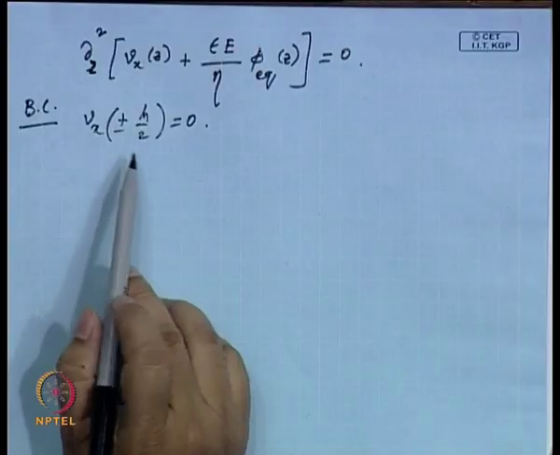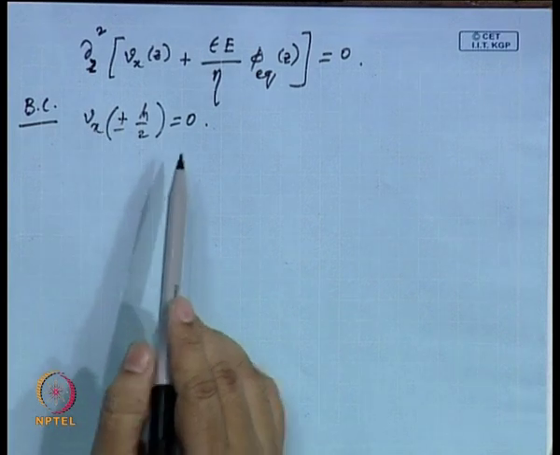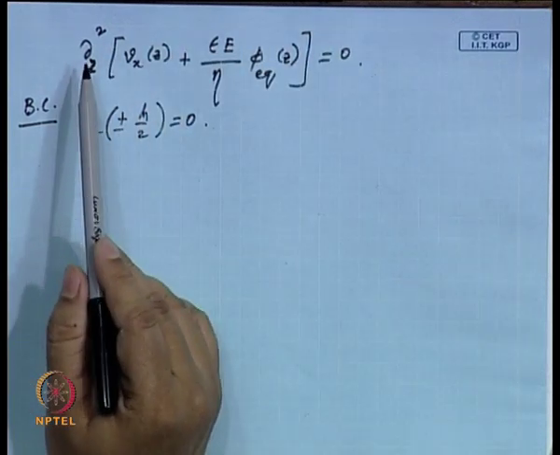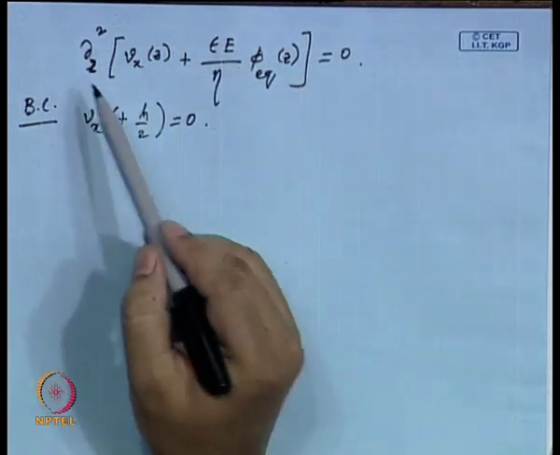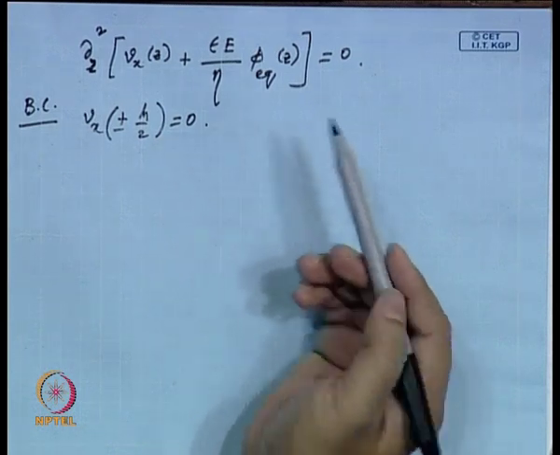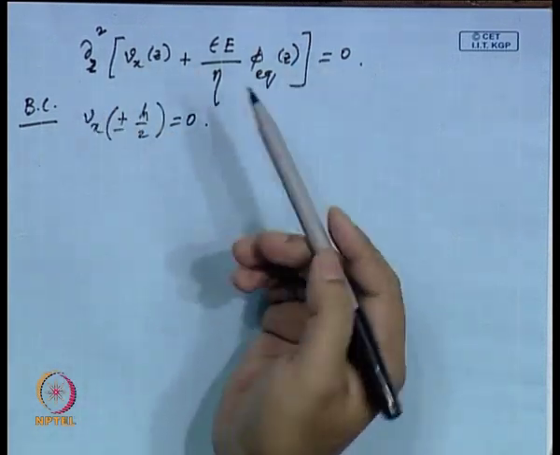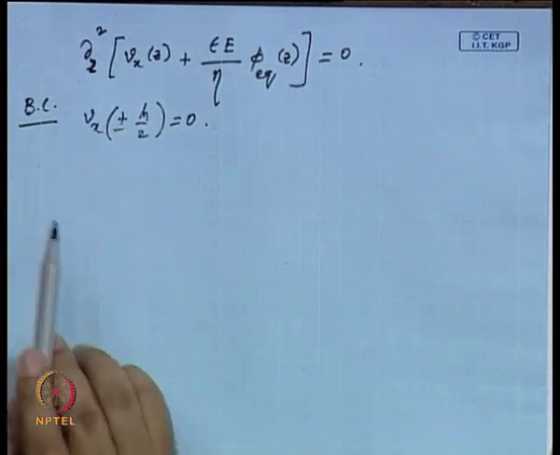So, at the wall V x is equal to 0, this is the boundary condition you have, and this is the governing equation you have. Of course, there would be some symmetry at the center, that is always there. If you need to, you can use that as a boundary condition as well, or it will follow automatically. Now, this is the governing equation and this is the boundary condition.